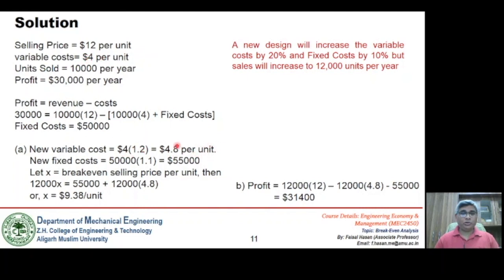For the new design, the variable cost will be $4.8 per unit. The fixed cost will increase by 10%. Earlier the fixed cost was $50,000, so we multiply by 1.1, and now the fixed cost will be $55,000. Say X is the break-even selling price.